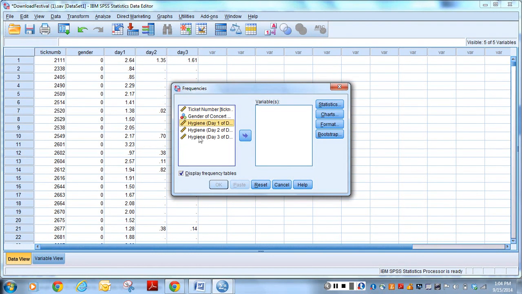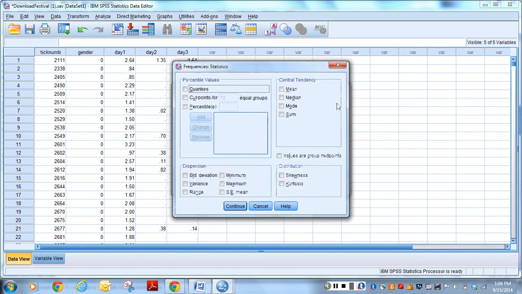Now again, we want to move all 3 of our variables over because we are examining the normality of all 3 days. And we also want to click on Statistics. These are the options here. If you want to examine just the descriptive statistics of a particular variable or variables, this is where you would go.